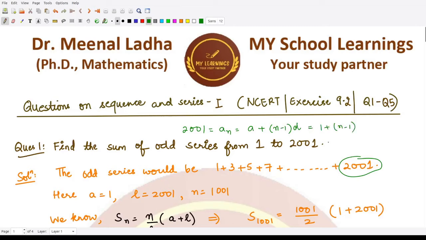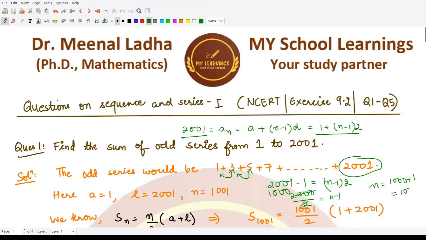What is the value of d? d is the common difference, which is the difference between two successive terms, which is 2 in each case, right? So we need to solve this in order to calculate the value of n. So we would have 2001 minus 1 is equal to n minus 1 times 2. So it would be 2000, and 2000 divided by 2 is equal to n minus 1. So it is 1000, and then we would have the value of n as 1000 plus 1, which is equal to 1001. So this is the same as before.